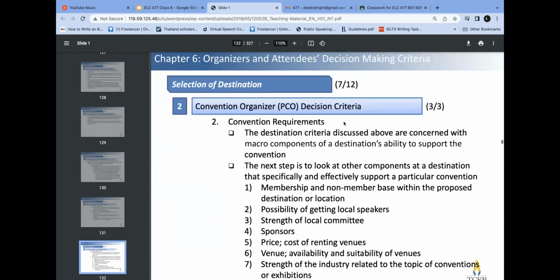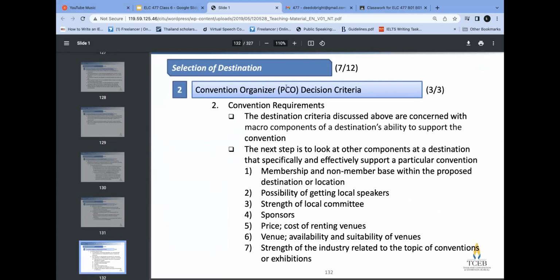Okay, moving to the next slide, we can see PASIO again: decision making and decision criteria. The second one is convention requirements. It talks about what we are going to do under the requirements aligned with the convention. The first point is that the destination criteria discussed above are concerned with the macro component of the destination's ability to support the convention.